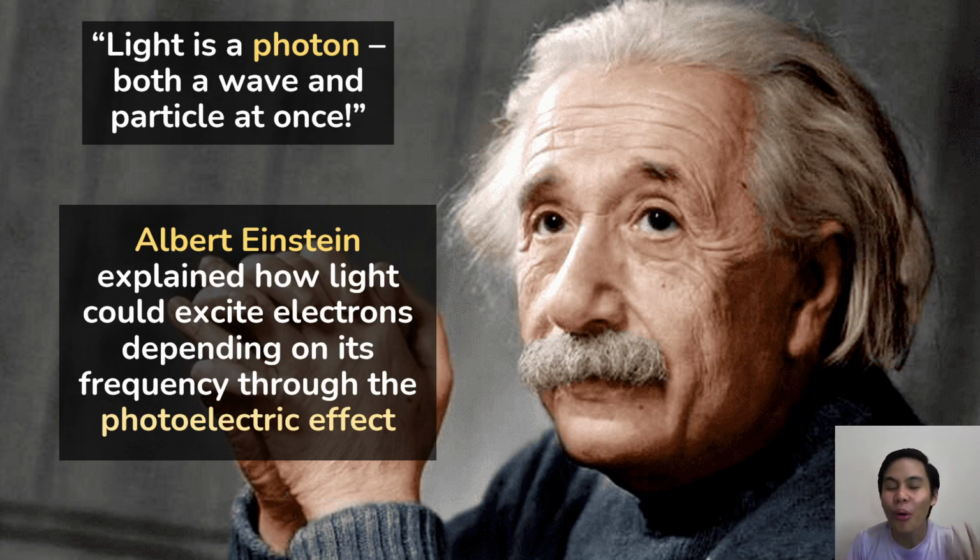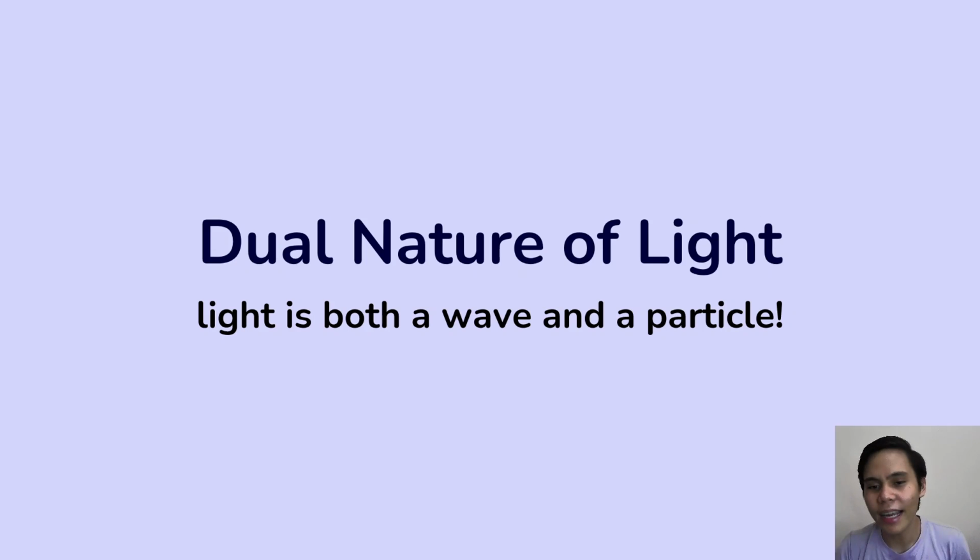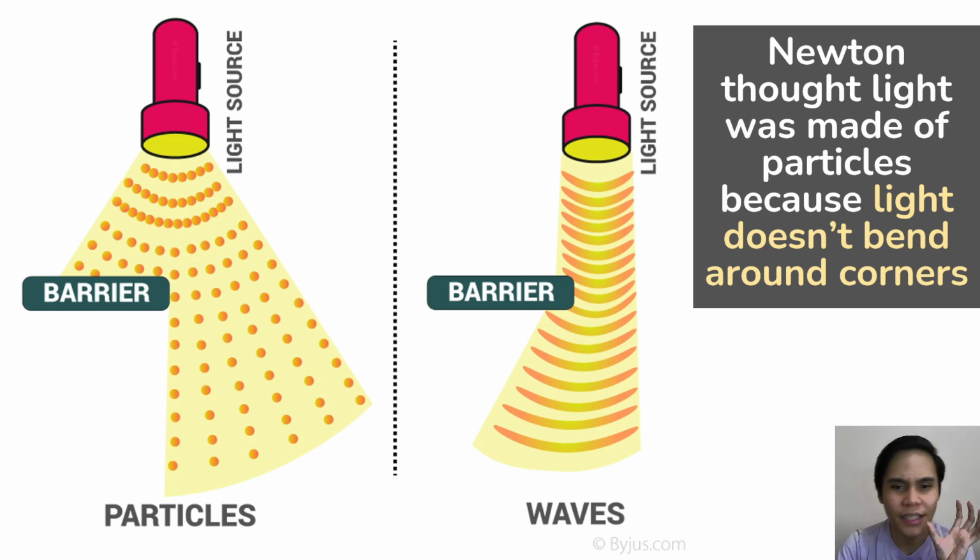Why can't light be both a wave and a particle at the same time? He called them photons. This is one of the things he earned the Nobel Prize for, the photoelectric effect. And so, going from Einstein's theory, we now know that light has a dual nature. Thanks to quantum theory and Albert Einstein, we call light a dual wave particle. It's both a wave and a particle at the same time.